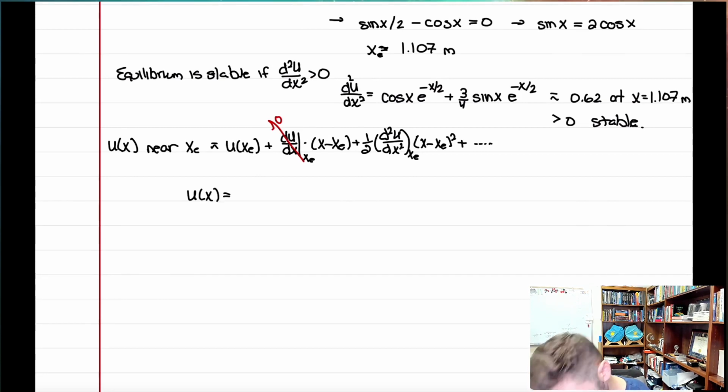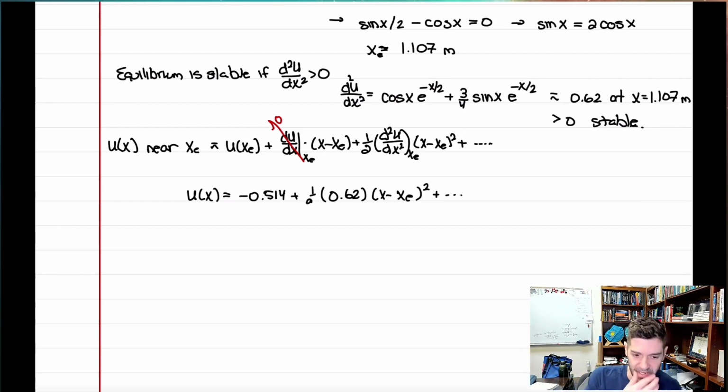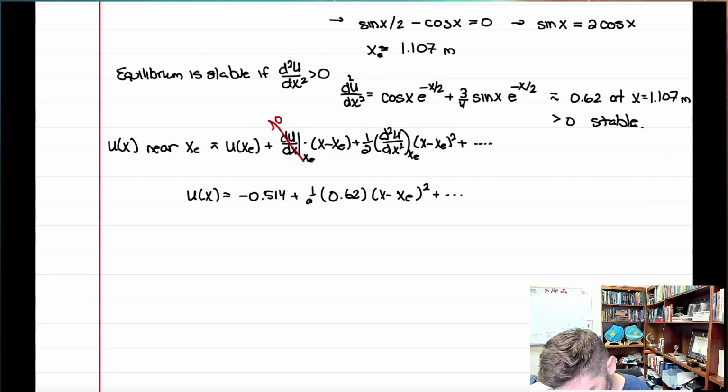So it looks like about the equilibrium point, you can plug in numbers. It looks like it's negative 0.514 plus 1/2 times, we just said this was 0.62, x minus x sub e squared, plus the higher order terms. But again, if x is sufficiently close to x sub e, I'm going to say that this is a good enough approximation.